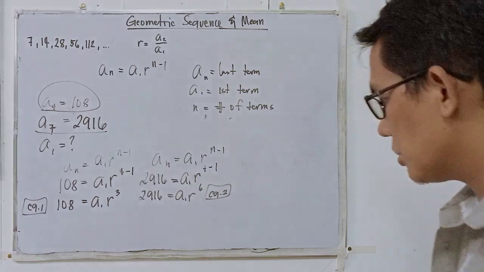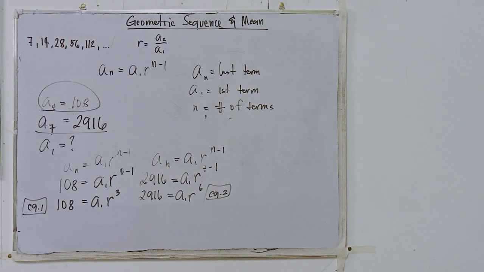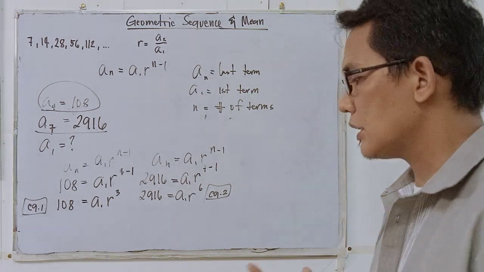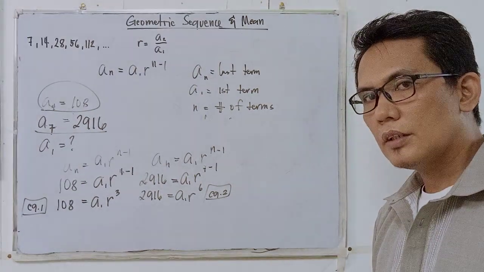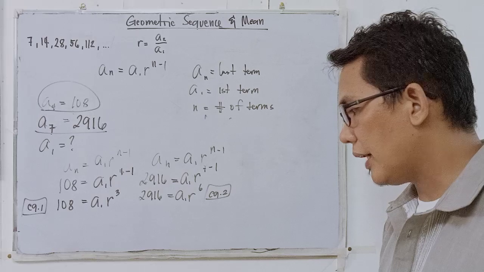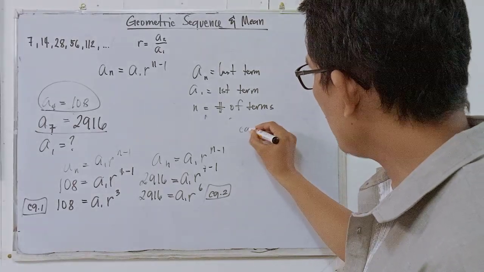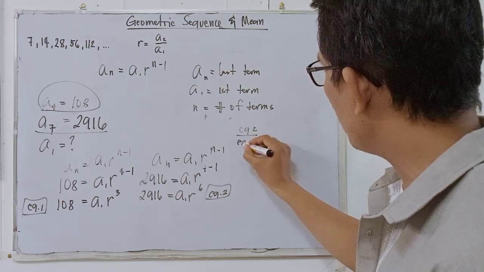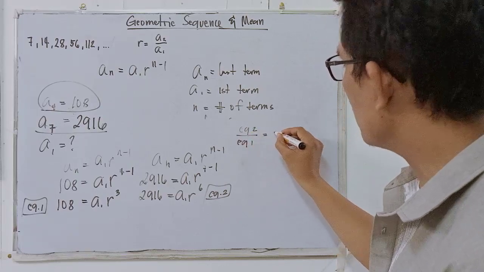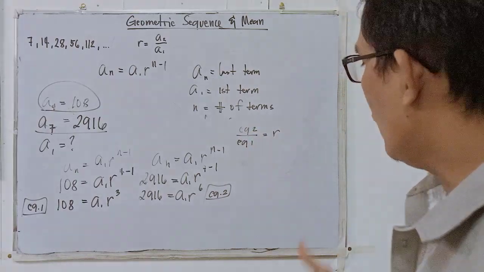Then we're going to use our equation number 1 and equation number 2. This is the opposite for arithmetic sequence. In arithmetic sequence, we subtracted the two equations. Now we're going to divide the two equations. So this is equation 2 divided by equation 1 is equals to our common ratio. Now let us solve.